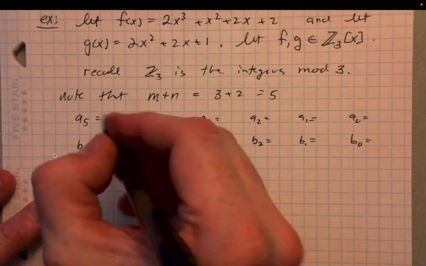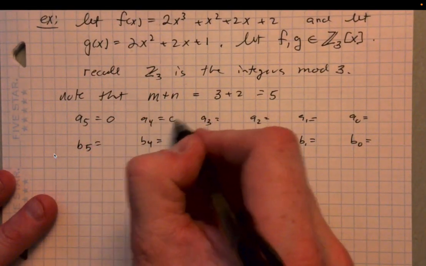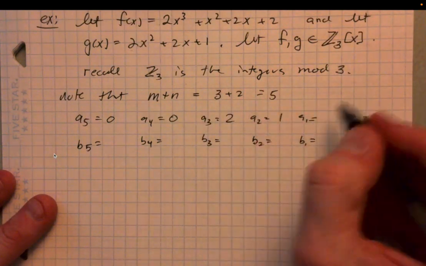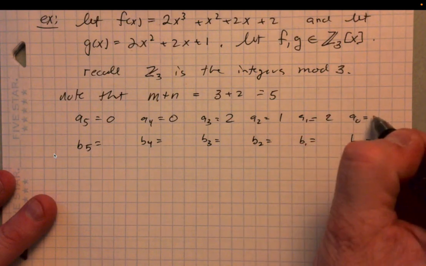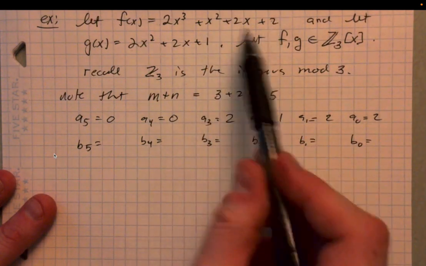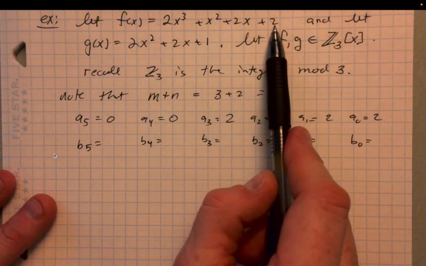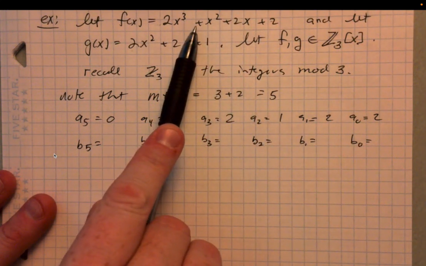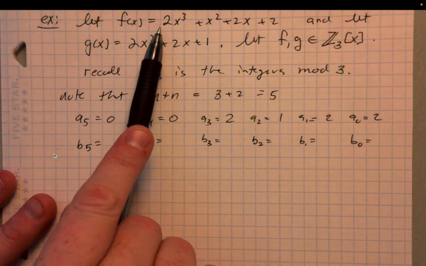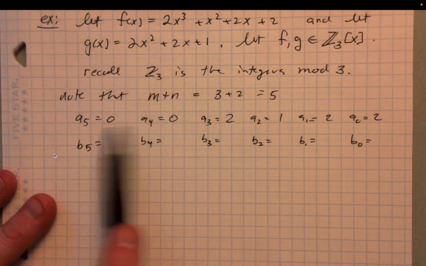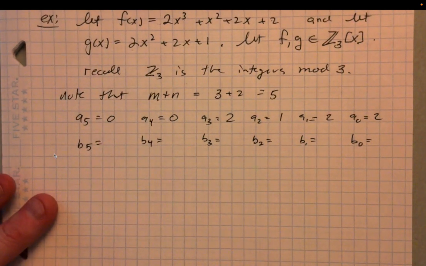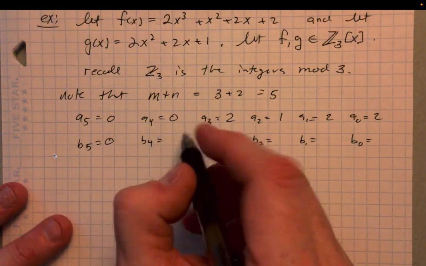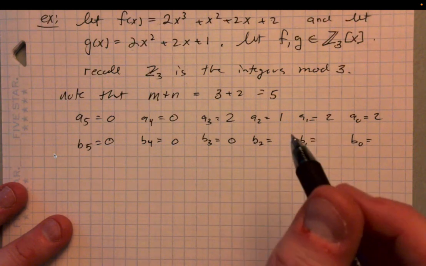Okay, and so what are these things? a5 is 0, a4 is 0, a3 is 2, a2 is 1, a1 is 2, and a0 is 2. Again, just pulling these off of here. And for b, it would be 0, 0, 0, and then 2, 2, 1.